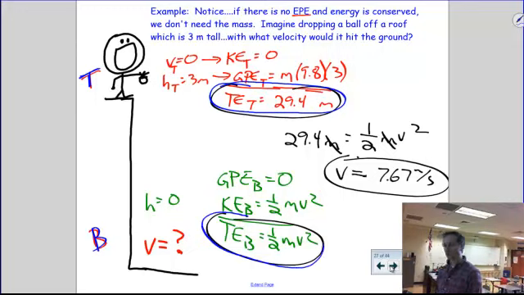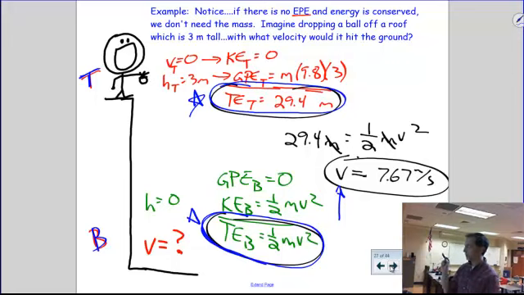If you don't know the mass, just use m as a placeholder. So you write out an expression for the total energy at each of the 2 points, and then you set them equal to each other, and you solve for the missing thing. In this case, that missing thing is velocity. You cannot solve these problems without writing an expression for the total energy.